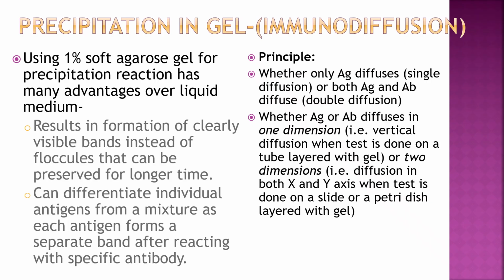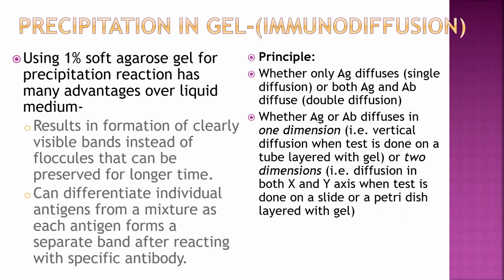Precipitation in gel is also called immunodiffusion. Using 1% soft agarose gel for the precipitation reaction has many advantages over the liquid medium. It results in formation of clearly visible bands instead of floccules, which can be preserved for a longer time. It can differentiate individual antigens from a mixture, as each antigen forms a separate band.